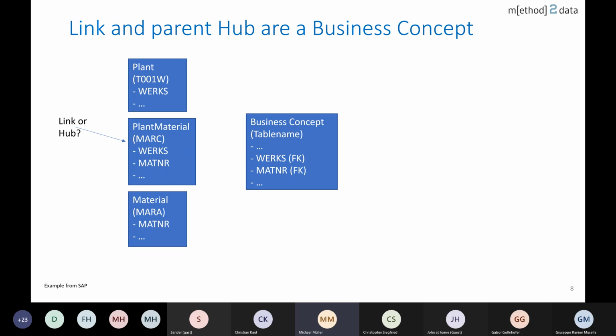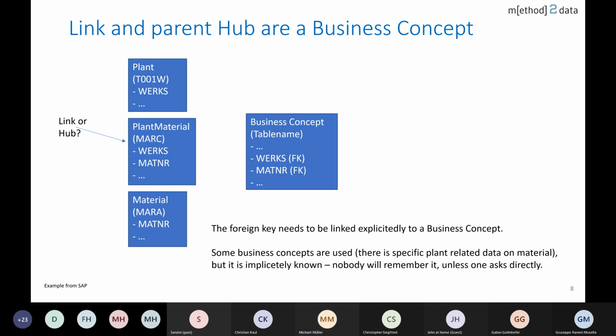And in a very traditional way in Data Vault, this reeks like a link, but there will be many business concepts linking to it. So we need to decide on which of these three business objects the keys of my link go to.